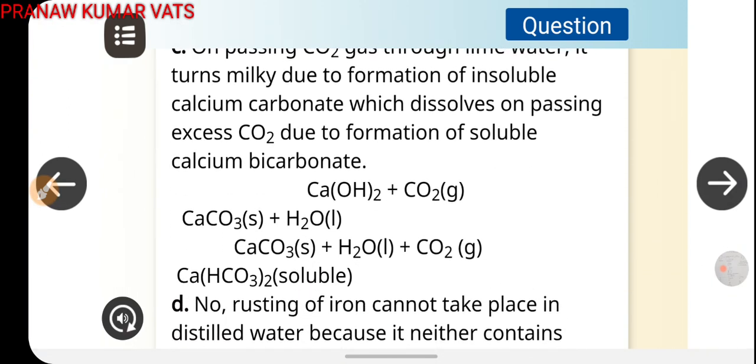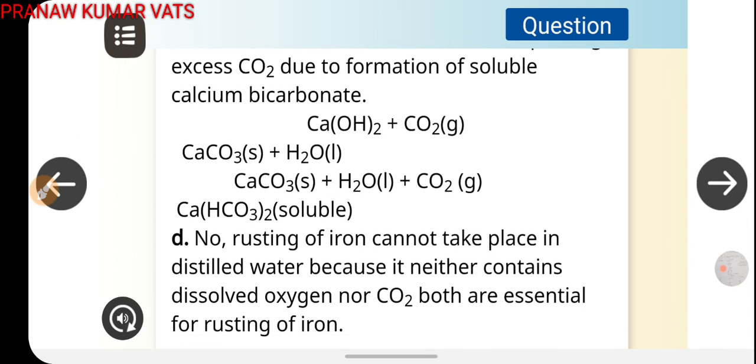The equation is Ca(OH)2 plus CO2 giving CaCO3 solid plus H2O liquid. CaCO3 on further reaction with H2O and CO2 forms Ca(HCO3)2, which is soluble. Next, no, rusting of iron cannot take place in distilled water because it neither contains dissolved oxygen nor CO2. Both are essential for rusting of iron.